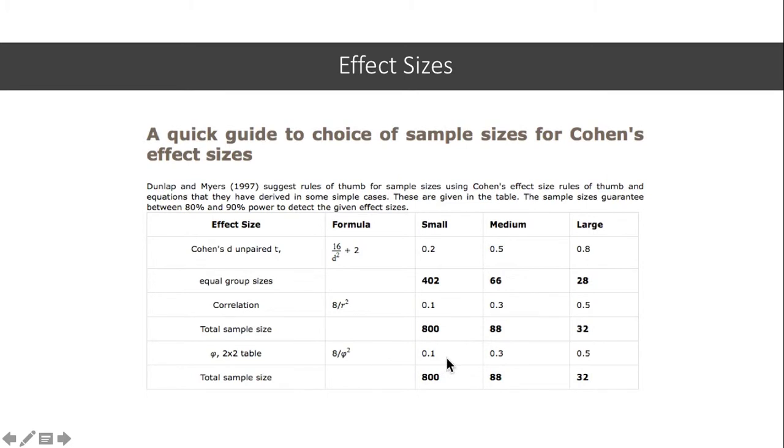You can see it's very similar at 0.1, 0.3, and 0.5. So say a 10% difference, a 30% difference, or a 50% difference would be small, medium, or large, and those are the cutoffs. To detect a 10% difference, you might need 800, whereas with a 0.5, maybe only 32.